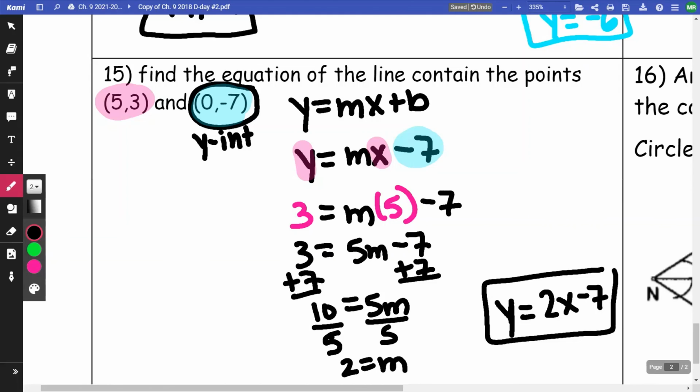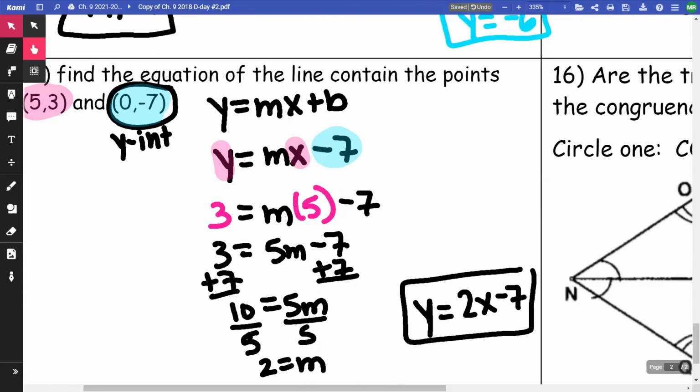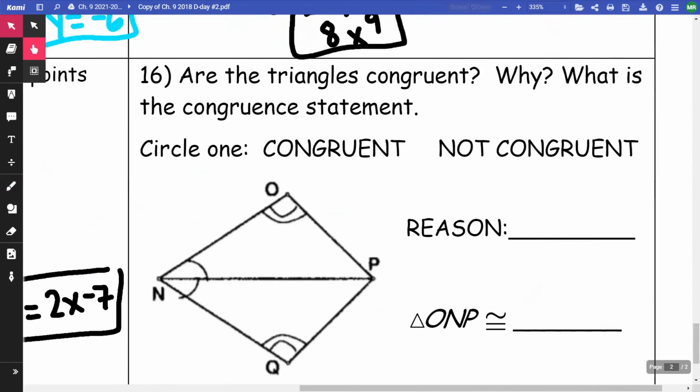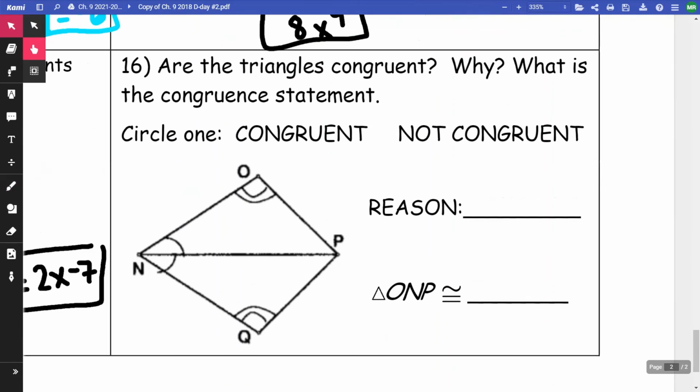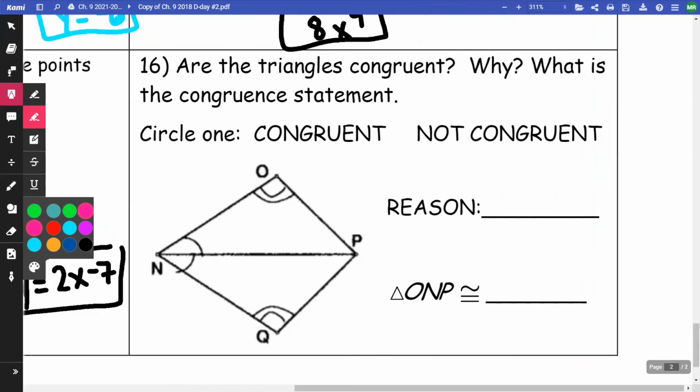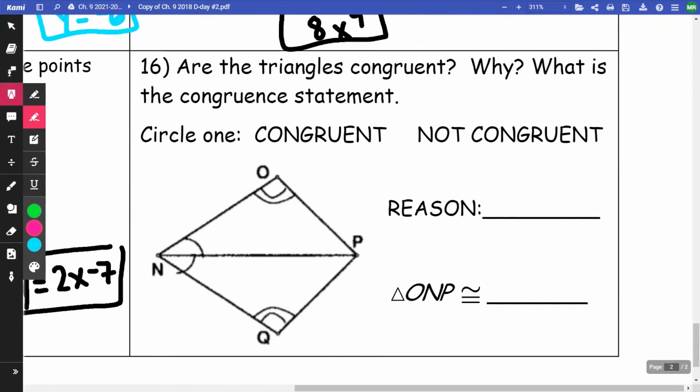On 16, I'm looking at these 2 triangles on my side, if they're congruent, and then if so, by what. So when I'm looking at this angle here, I'm just going to add a little tick mark there.